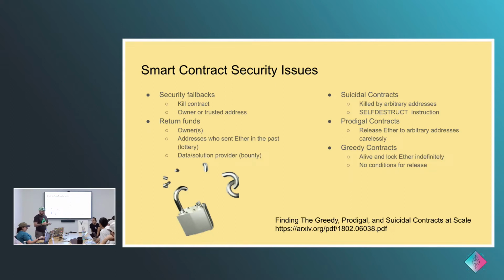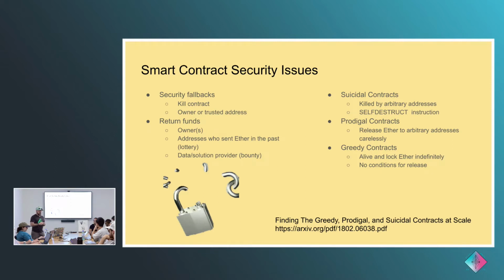There's a paper out there, Finding the Greedy, Prodigal, and Suicidal Contracts at Scale, that looked at contracts currently released on the chain and put them into these 3 categories, where they were very easily exploited because of issues around how the contract was written with Solidity in mind and some vulnerabilities that were opened up.